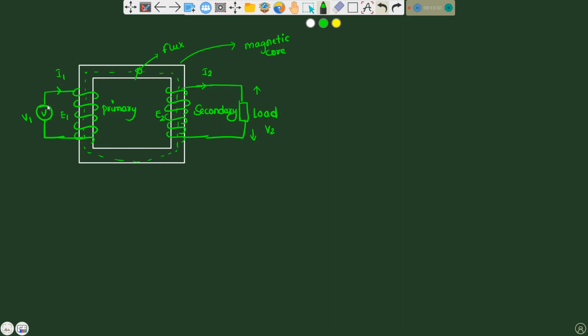So first we should know the working principle. All of you know that the basic working principle of a transformer is Faraday's law of electromagnetic induction.